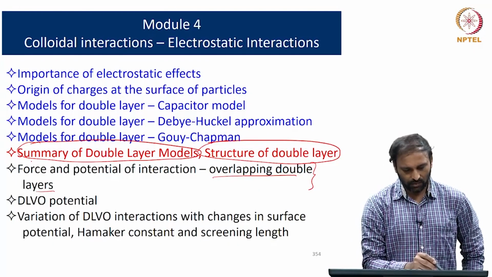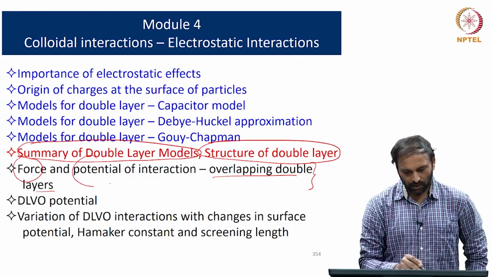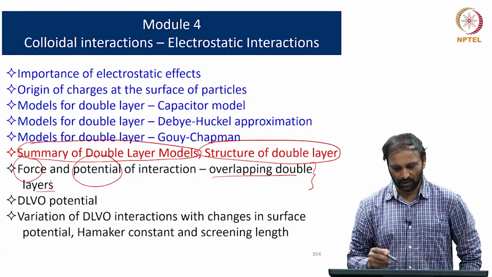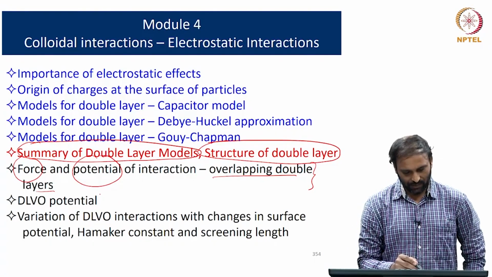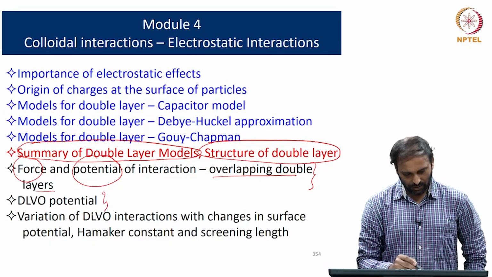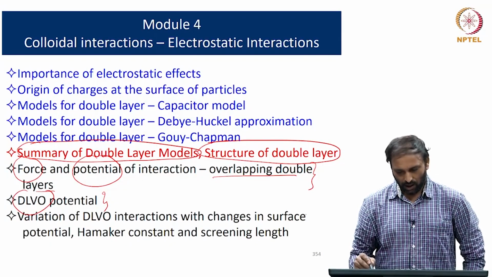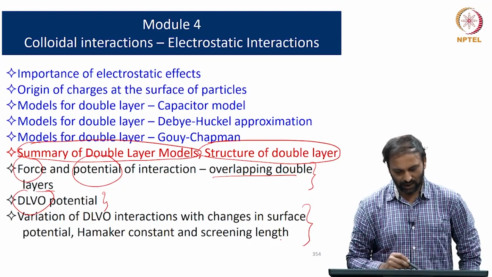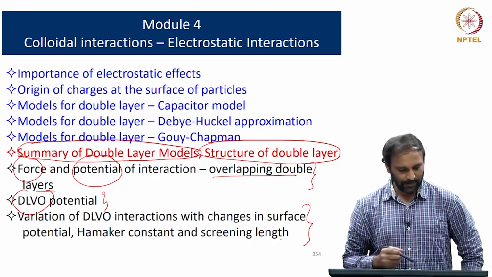We will calculate the force and the potential of interaction between the particles when there is overlap of the double layers. Then something called the DL potential, followed by how the DL potential varies for different cases. Okay, that is what we are going to do today.